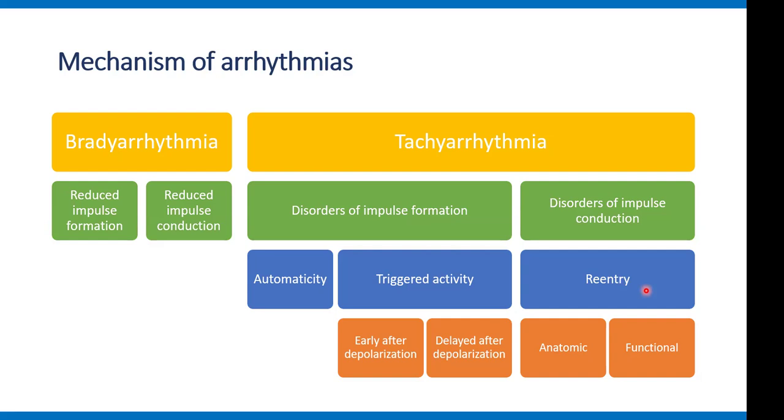For impulse formation, we have automaticity and triggered activity. For conduction, those are re-entry phenomena. With triggered activity, we have early after depolarization and delayed after depolarization. And for re-entry, we have anatomic and functional mechanisms.